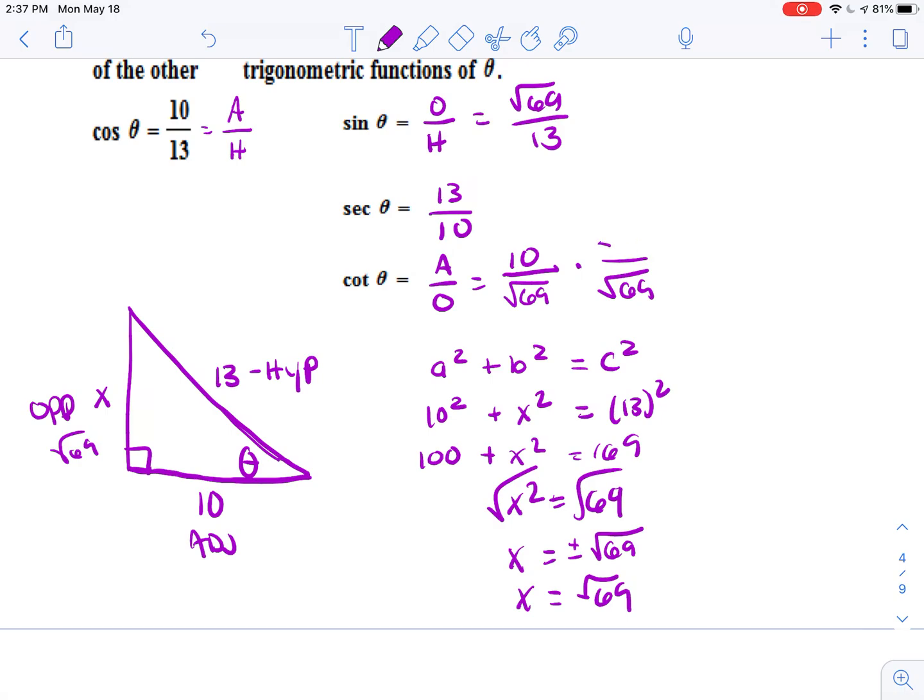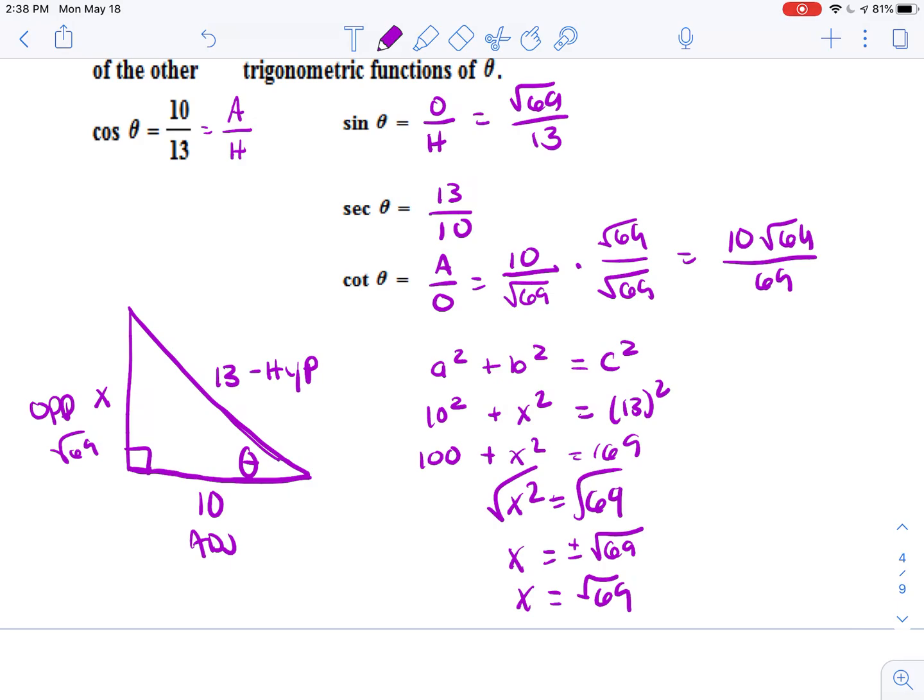So we get 10 radical 69 over 69. And I don't believe that can be reduced. Okay? So anytime they give you a cosine or a sine or a tangent or any trig function, you can set up your own right triangle and use those ratios that we should know really well at this point to find the other trig functions.